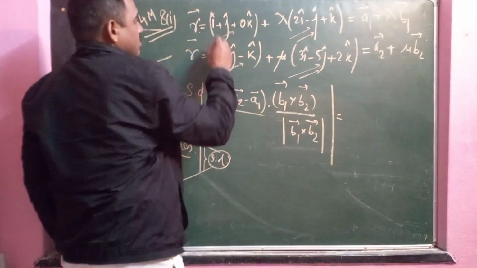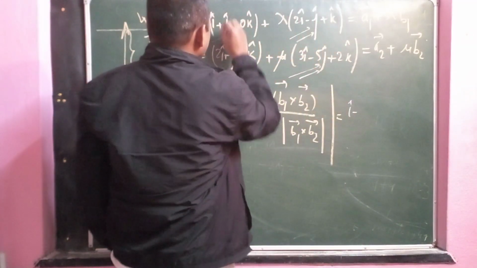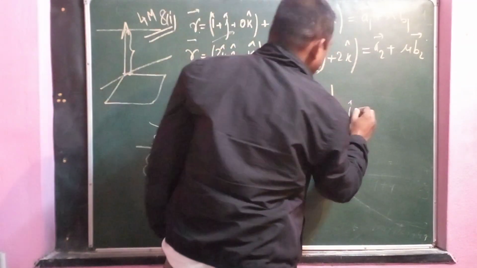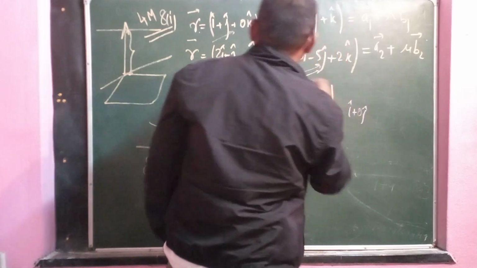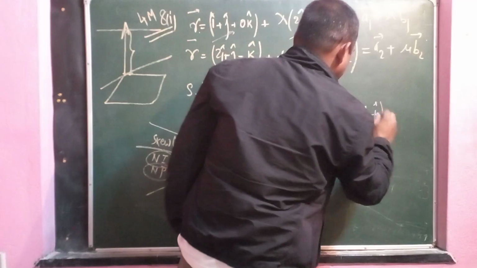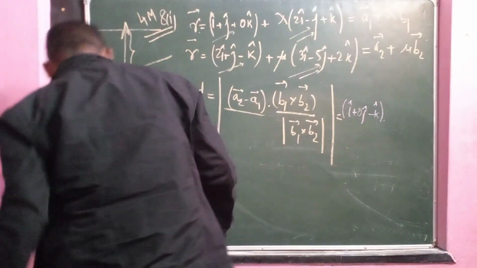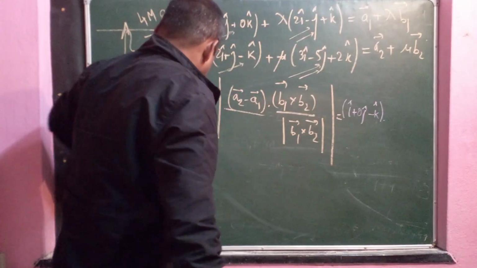A2 minus A1. So that is I cap minus 2I minus I, J minus J 0, minus K minus, so minus K cap. This is A2. Now calculate B1 cross B2 by the matrix method.